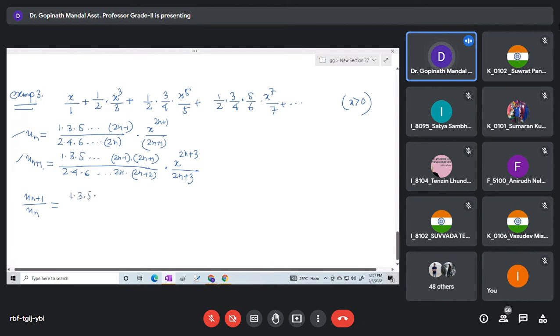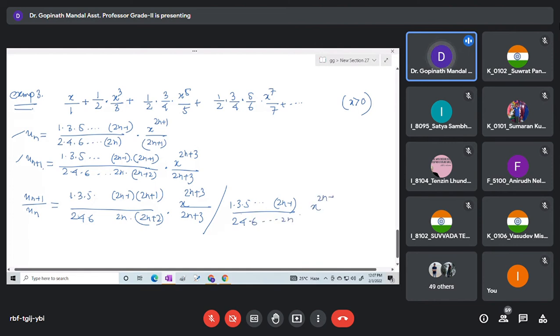1 3 5 up to 2n minus 1, 2n plus 1 over 2 4 6 up to 2n plus 2 into x to the power 2n plus 3, 2n plus 3, divided by 1 3 5 up to 2n minus 1 over 2 4 6 up to 2n x to the power 2n plus 1 by 2n plus 1.